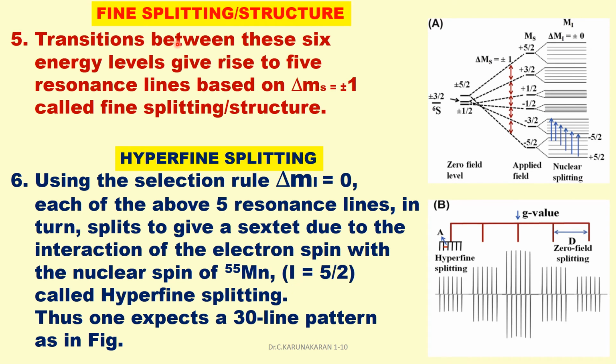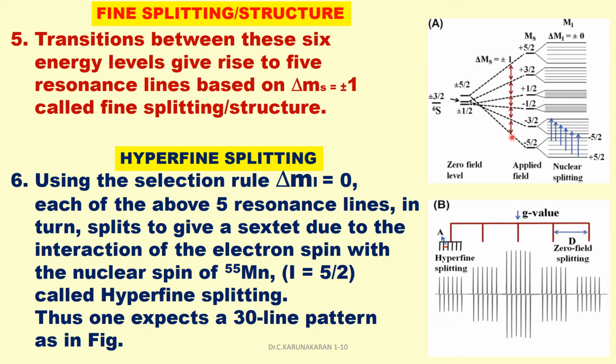Now let us see what is called fine structure, what is called fine splitting. The transitions observed between these 6 levels give rise to 5 resonance lines using the EPR selection rule, delta Ms equal to plus or minus 1.